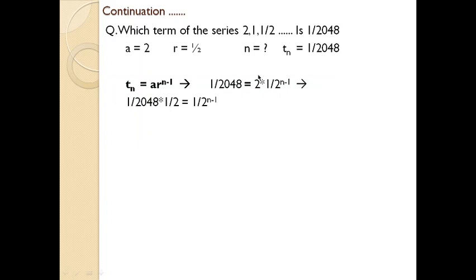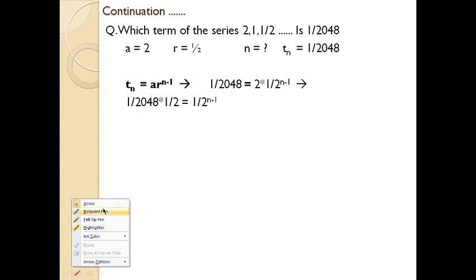If you transfer a single value to the other side of the equal sign, it will be in fraction form. Or if you transfer a number like 1 by 2 to the other side, it will be a single value, that is 2. In this situation, we transfer 2 to the left hand side, and you will get 1 by 2048 into 1 by 2. I hope you are aware of the basic mathematical step, that is equal to 1 by 2 raised to n minus 1.